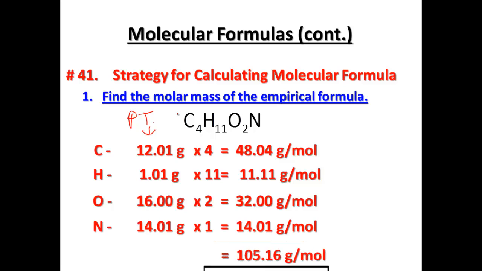To total or add those up, we get a molar mass of 105.16 grams per mole. So that's how much this compound's empirical formula weighs. So that's the molar mass of just that empirical compound. So we need that mass coming up.